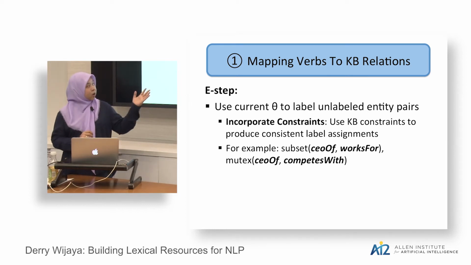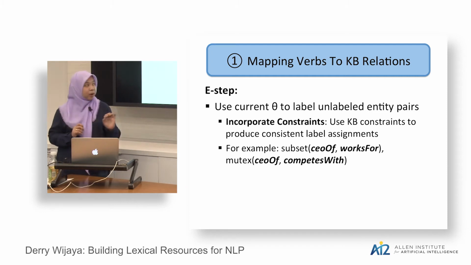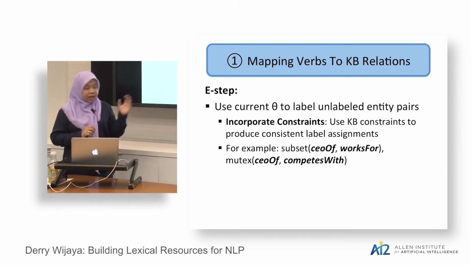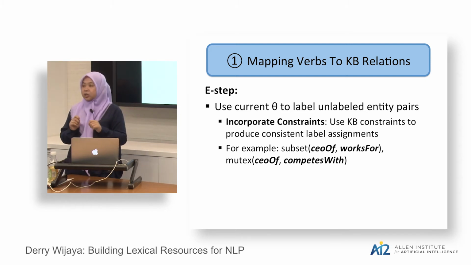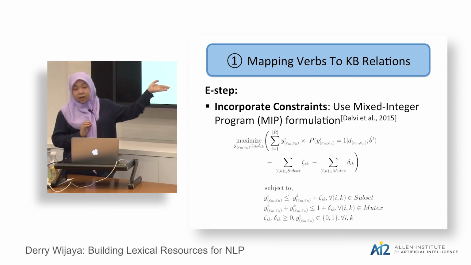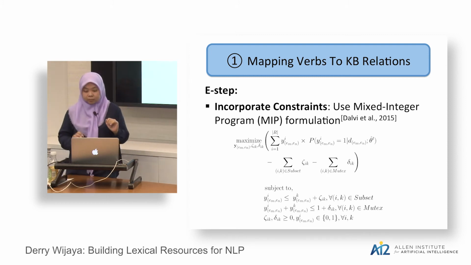For example, if we already label an unlabeled entity pair with the relation CEO of, which is a subset of works for, then we also label this entity pair with the works for relation. And on the other hand, if there are two relations that are mutually exclusive, once we label the unlabeled entity pair with a CEO of relation, for example, we should not label it with the competes with relation.